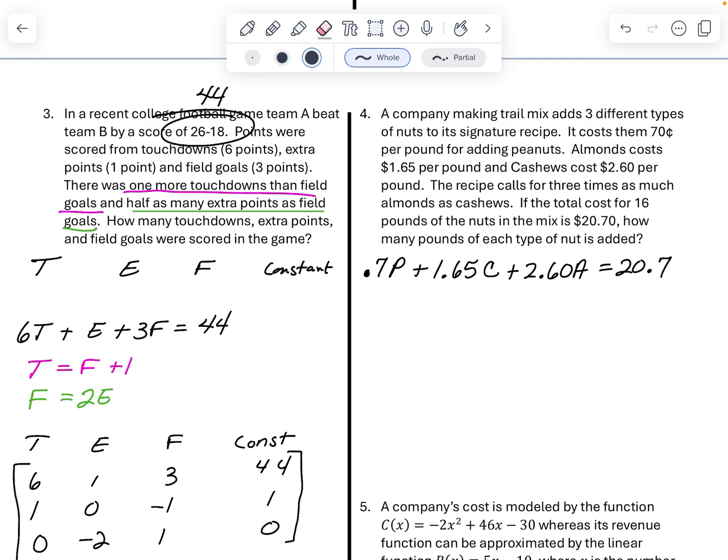I probably wouldn't put the 0 there. There we go. The second equation, so that's that.